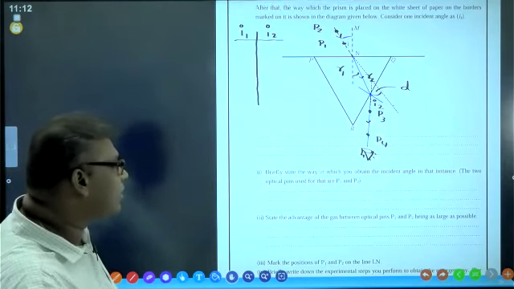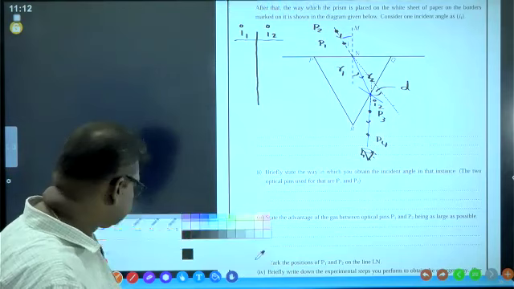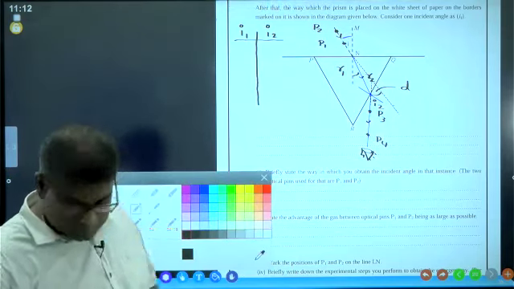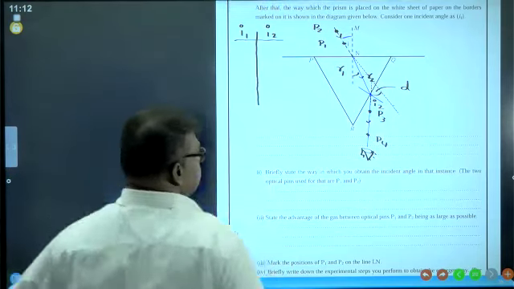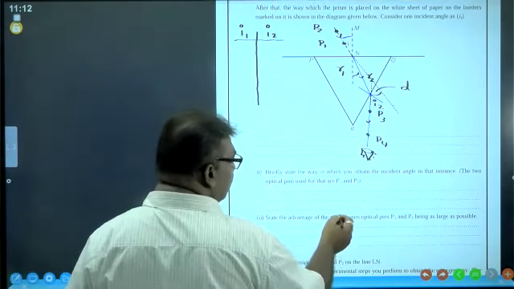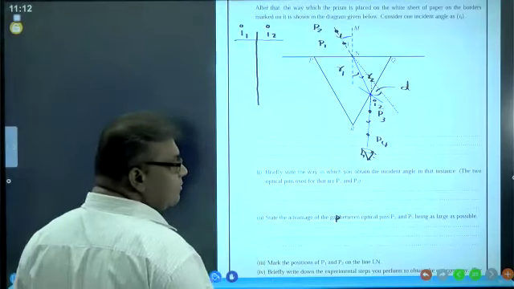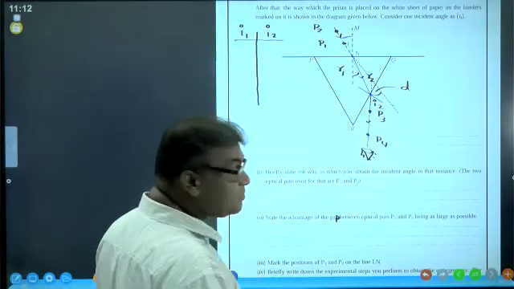State the advantage of the gap in between. Briefly state the advantage of the gap between the optical pins P1 and P2 being as large as possible.